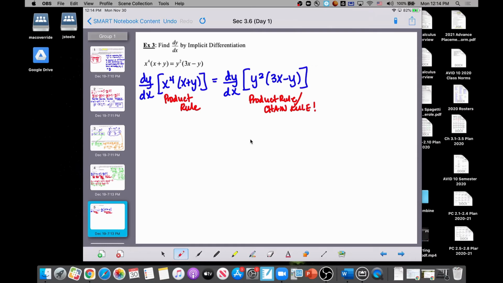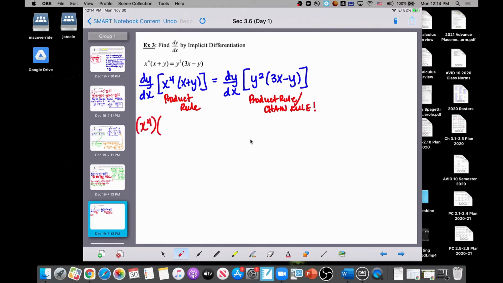Okay, so we are going to do some very slow, careful algebra because we've got a lot of terms going on here. So on the left-hand side, if we are doing the product rule, first d second plus second d first. So again, my first is x to the fourth. My second is x plus y. Okay, so first d second is going to be x to the fourth.